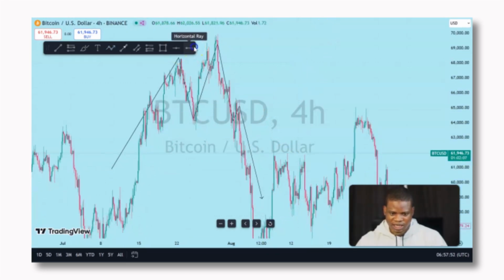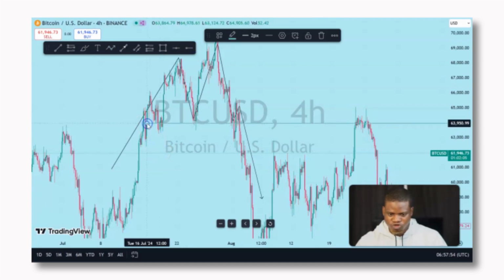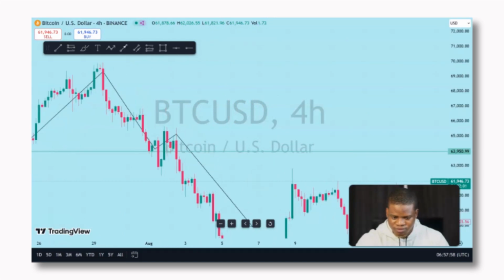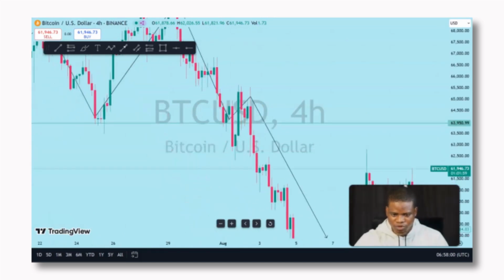You see this is the neckline, and you'll be taking a trade at the break of the neckline. So now the neckline has broken. Immediately the neckline broke, the market reversed a little bit, then gave us this particular candlestick, which is called the hanging man. That's why it's important for you to learn every concept we have been talking about.